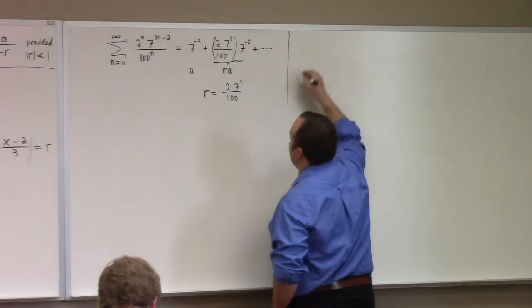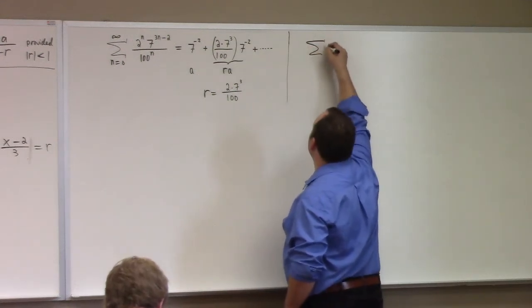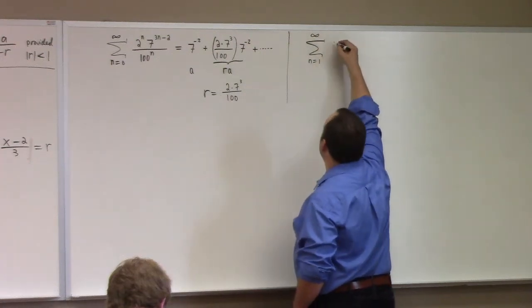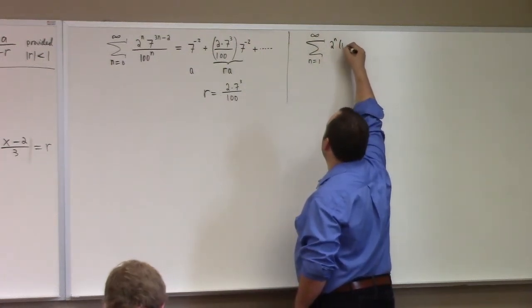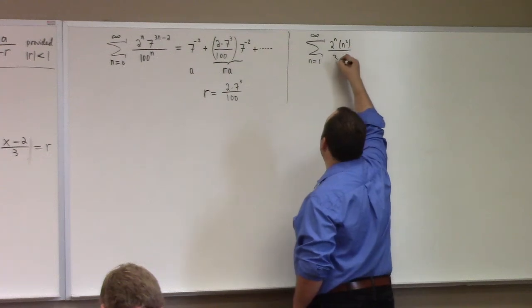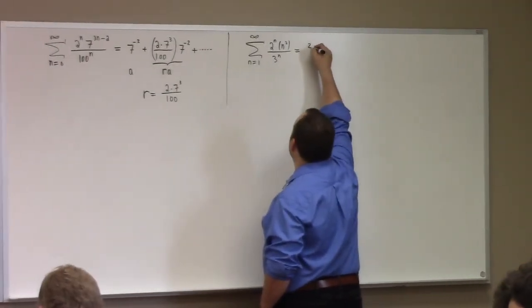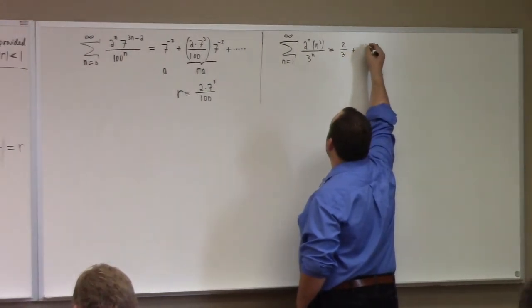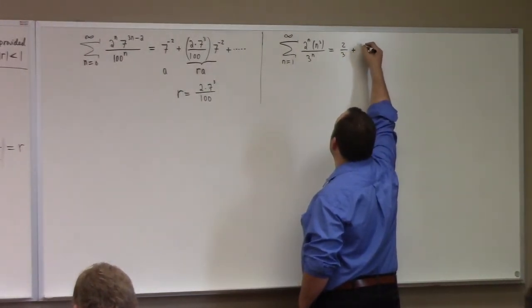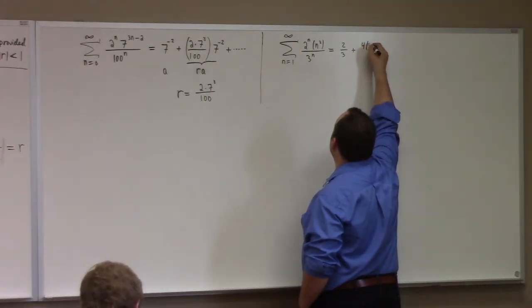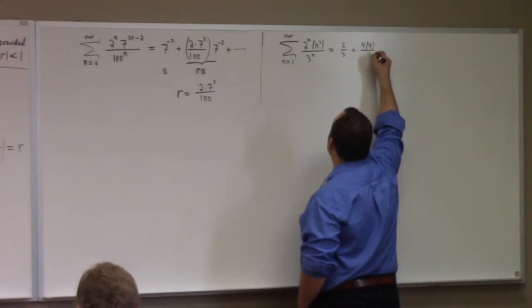What if I went through the same thought process for something like the sum from n equals 1 to infinity of 2 to the n times n squared over 3 to the n? Aha, so this is n equals 1, I've got 2/3. And then n equals 2, I've got 4 times 4 over 9.